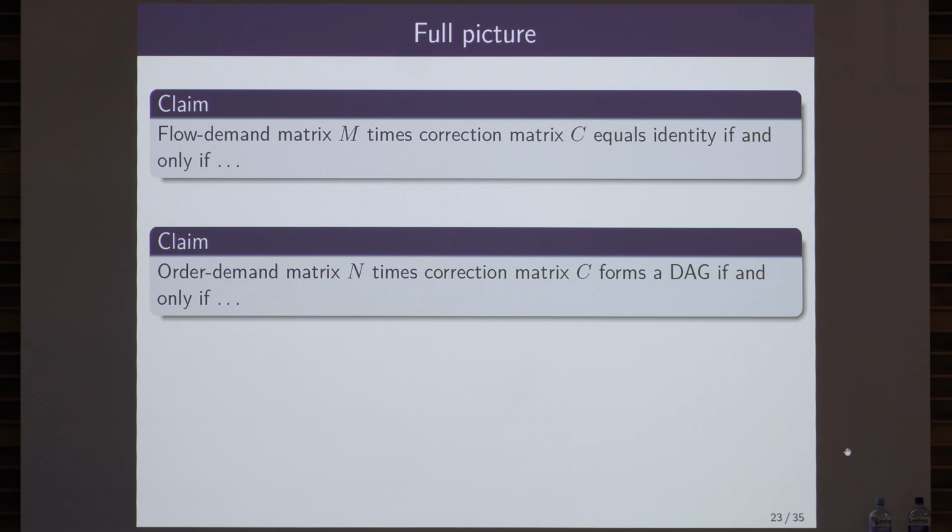And that is a graph that precisely gives us the partial order, from which we can recover the order in which we have to measure the qubits.